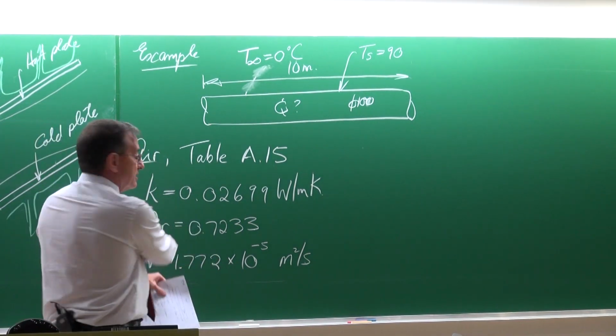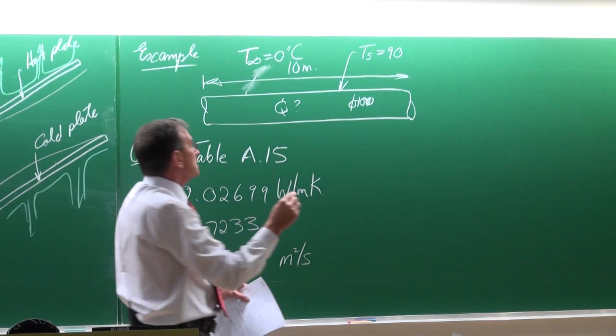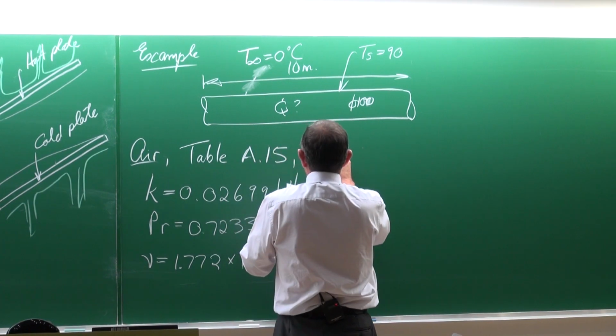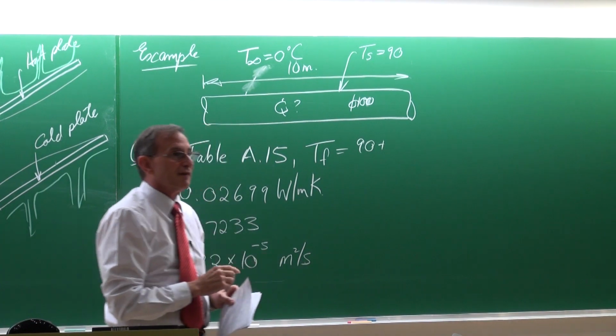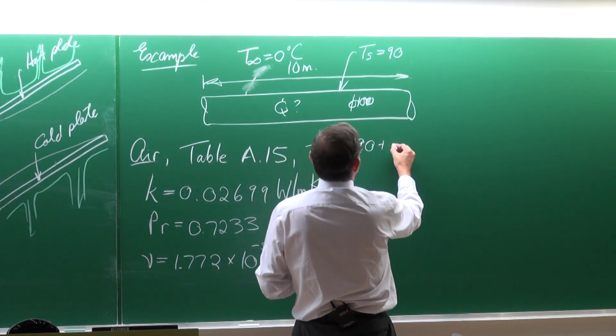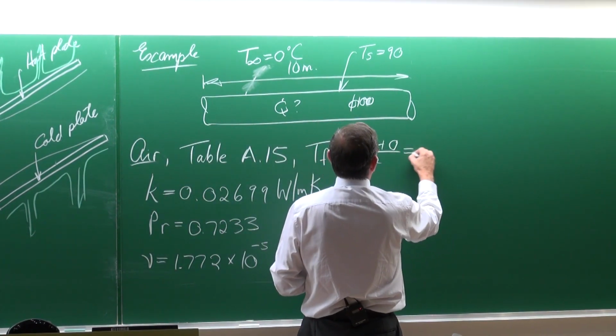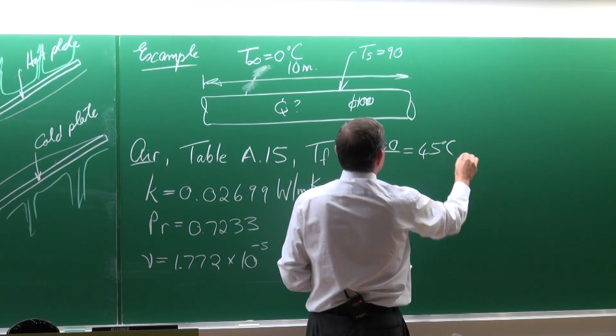And this we got at a certain temperature. The temperature we're going to use is the film temperature, which is the average of the 90 plus 0 divided by 2, which is 45 degrees Celsius.